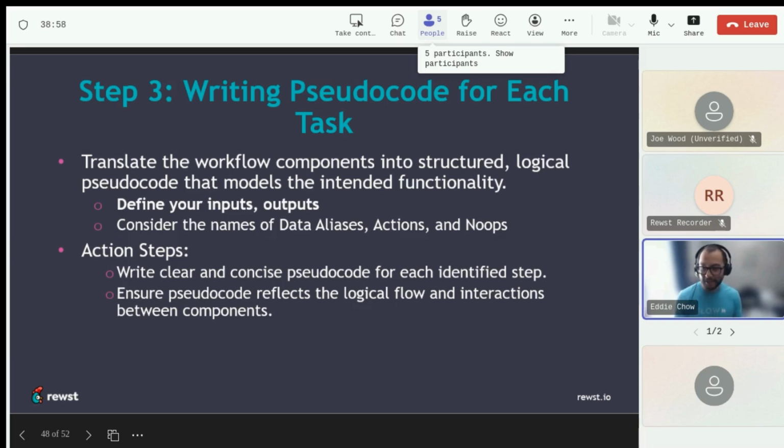What do we name a no-op that has something in its transition? And oftentimes, I know for me personally, sometimes I just make something up on the fly and just kind of leave it at that. But with pseudocode, we get that opportunity to spend some time thinking about this, right? Writing it down, and then if we want to change it, we can always just erase and change it right then and there. Right? So it makes it much clearer as to what these names are going to be, hopefully with the intent of making these very descriptive, following the principles we talked about in Roost 202.